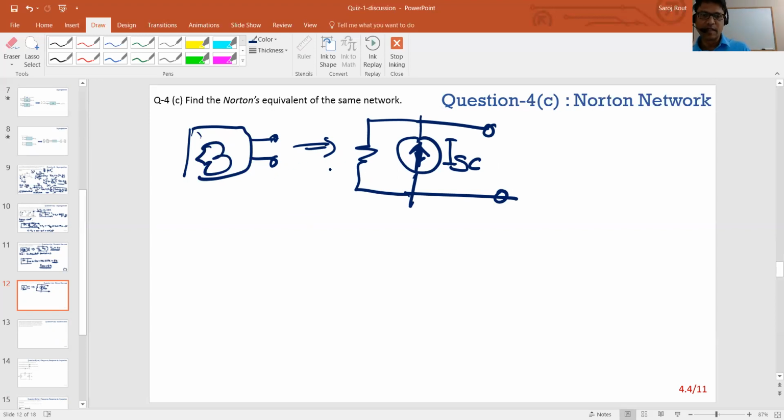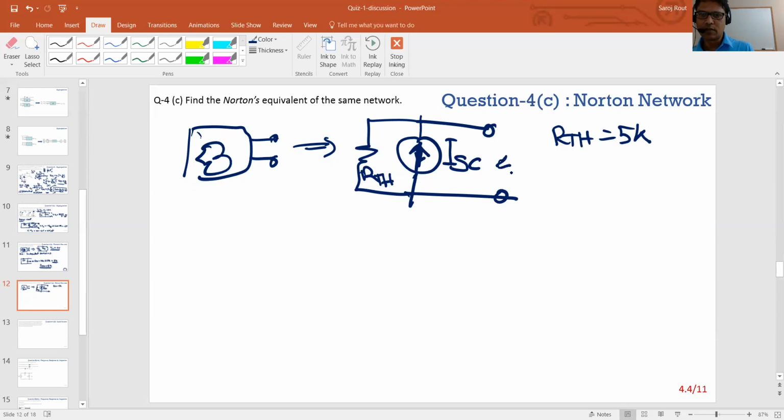If it's a linear network, it may have dependent sources, it doesn't matter, but it might have multiple independent sources as well. And this impedance is the same, because when you make this node 0, that's the open circuit impedance looking into that node. So that's the same RTH which we calculated before, which was 5K, right?